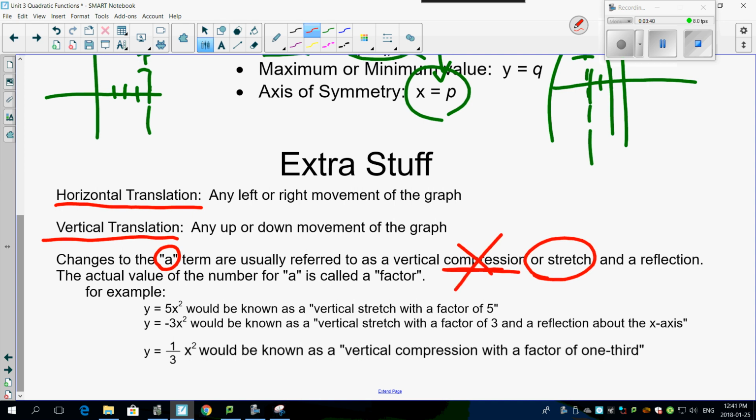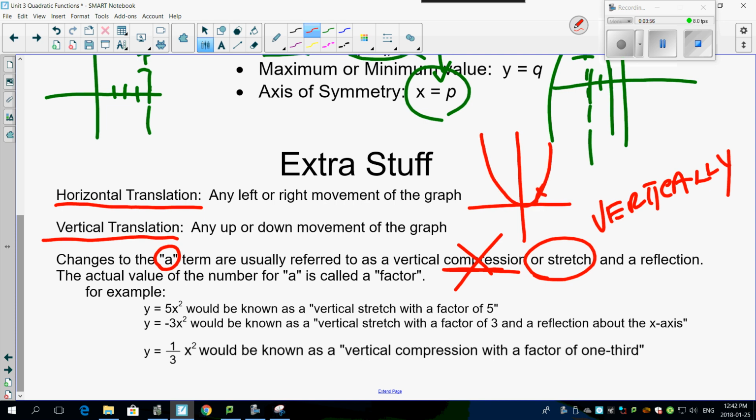Compression's not a word that we use much anymore. We call it a stretch. So we're going to stretch it, and we're going to stretch it vertically. Because if you remember, when we originally did this, we had a value here, and then when we stretched it to be here, that value got stretched upwards, vertically.